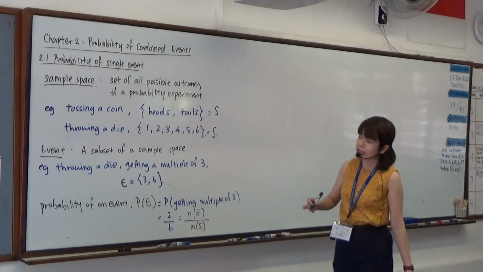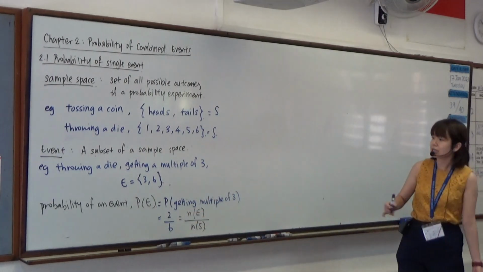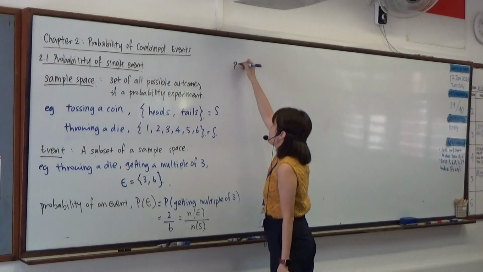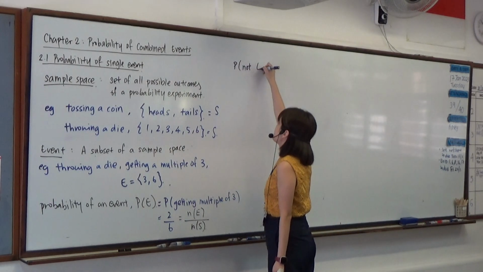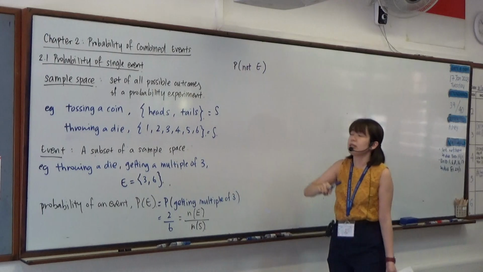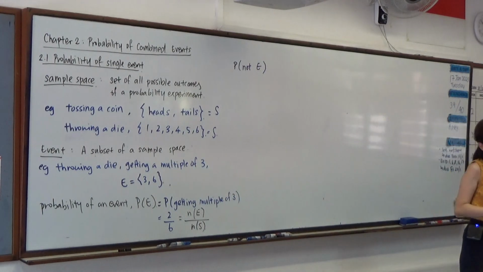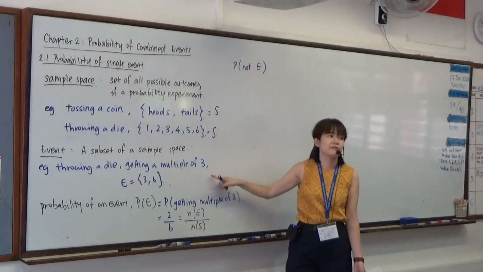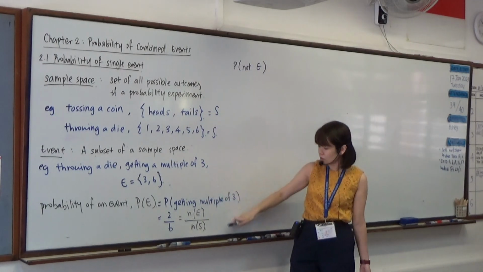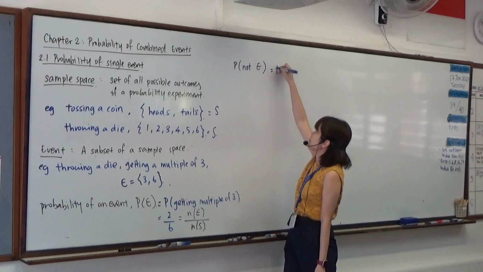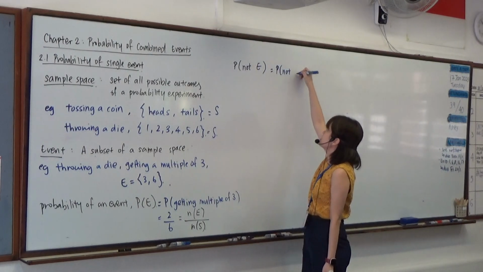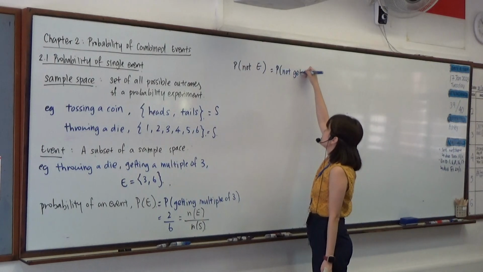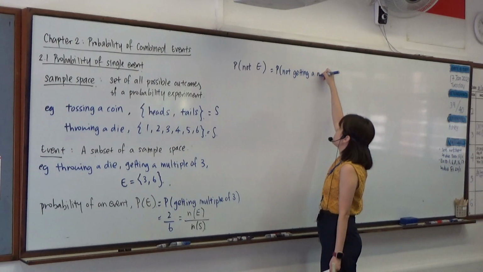Then in Sec 2, we also encountered the idea of complement. So the probability of not E. In this case, I'm looking at the event of getting a multiple of 3, so we are looking at the probability of not getting a multiple of 3.